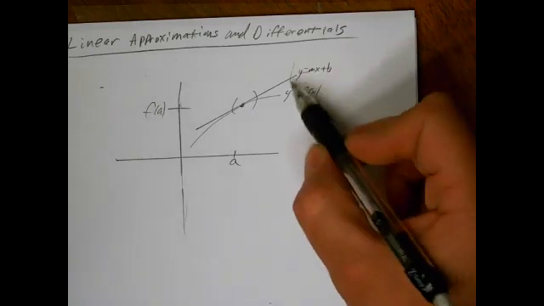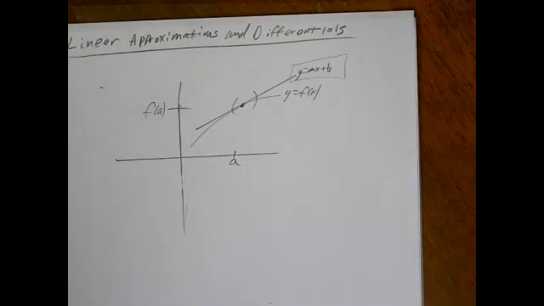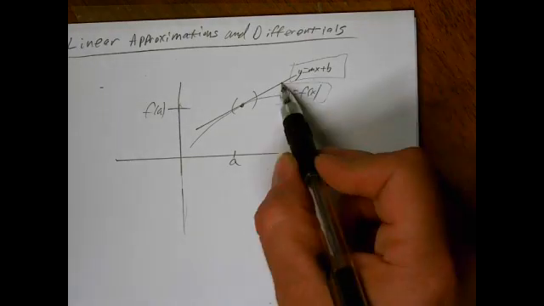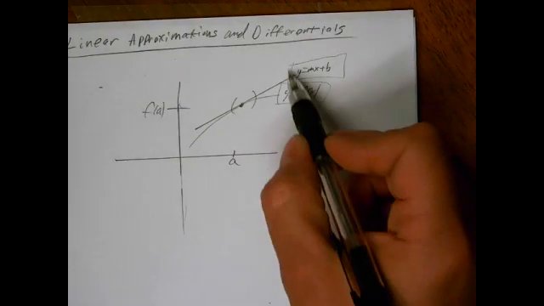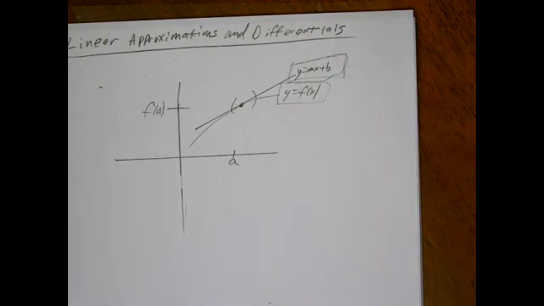And the thing about using the line is linear equations are always easy to evaluate, where this f of x may not be easy to evaluate. So our strategy is going to be to approximate function values by using the tangent line.